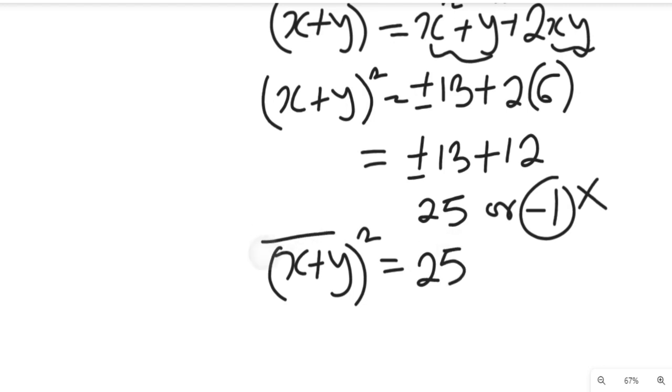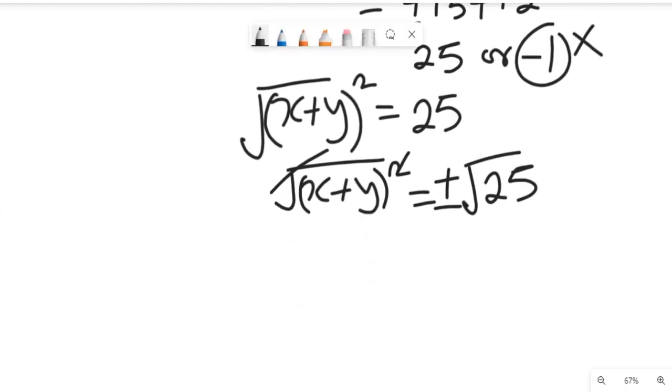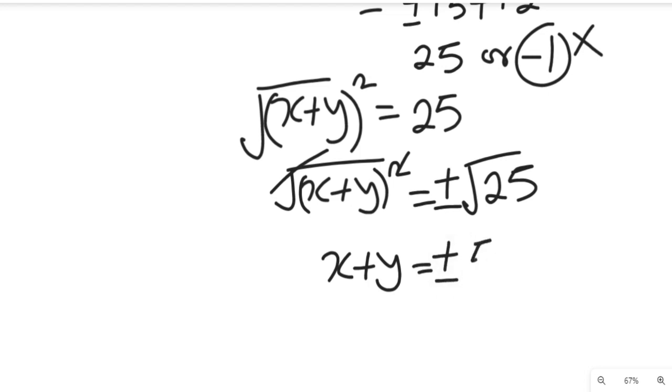If we square root both sides, we're going to have the square root of (x plus y) all squared to be equal to plus or minus the square root of 25. So this will clear this, and then we'll have finally x plus y to be equal to plus or minus 5.